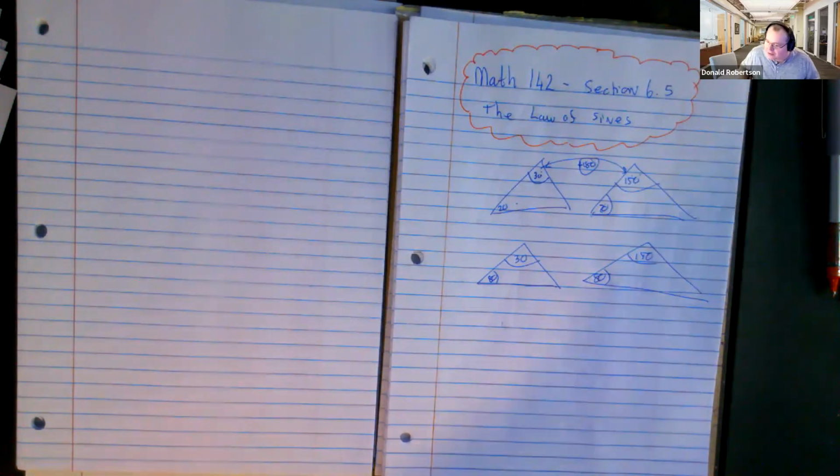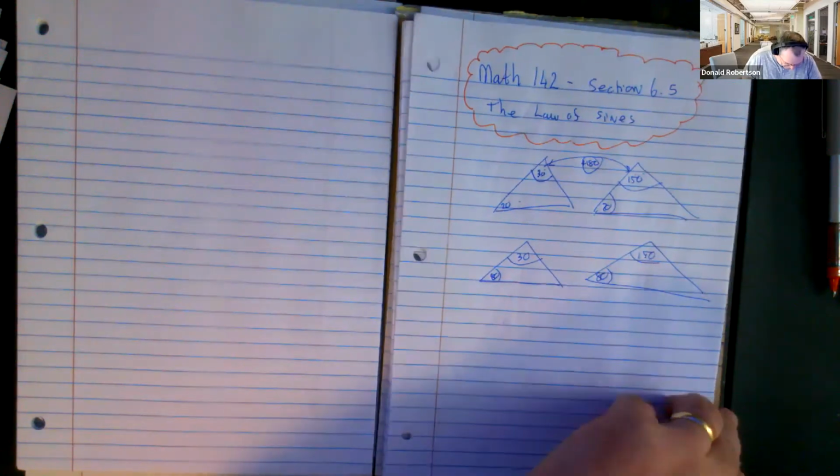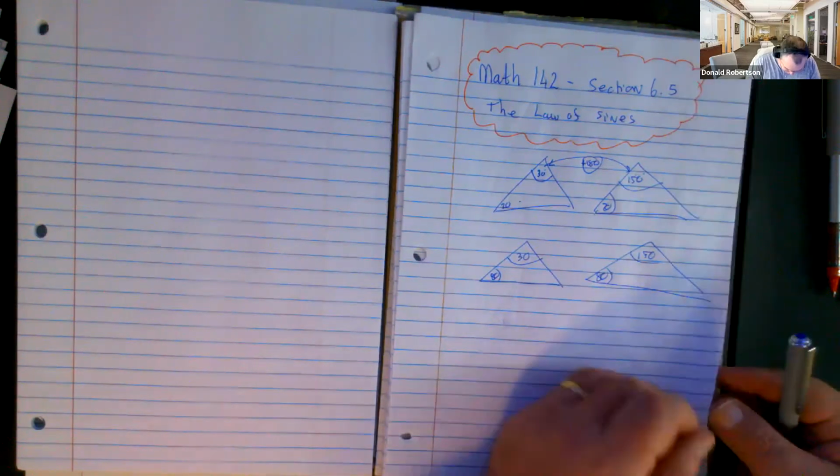It's pretty rare. I think it only happens twice in the homework that you get two solutions, and we covered one of those situations. Now we're going to cover a new situation, and that is a triangle where nothing works. In other words, there is no solution.